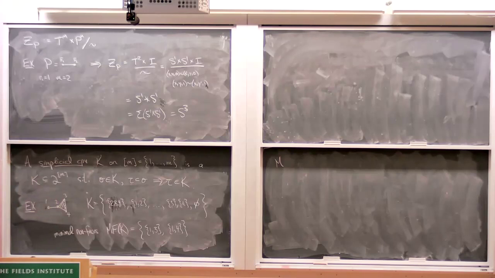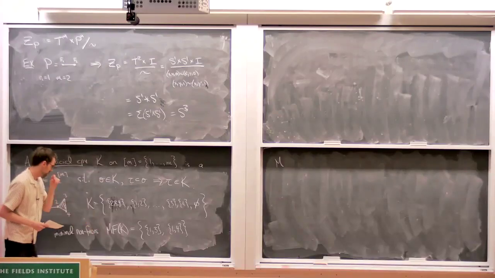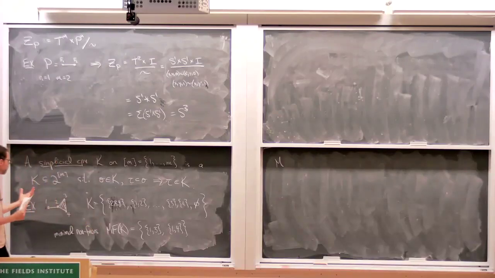A minimal non-face is just a non-face of K, all of whose proper subsets are faces. So if I did include this 2-cell here, 2, 3, 4 would certainly be a minimal non-face because all of these edges are there. Okay, so like I said, this will come up later. This allows you to go back and forth between simplicial complexes and certain square-free monomial ideals.